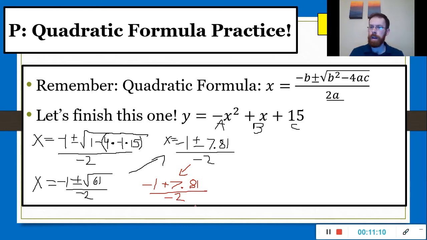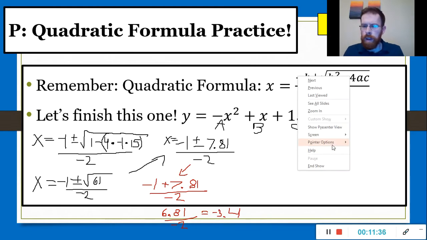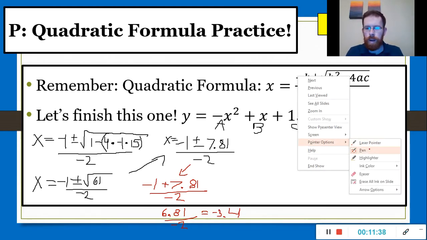Well, that's 7.81 minus 1, which is 6.81. 6.81 divided by a -2 gives you a -3.4, essentially. -3.4. That's a very ugly 4. So that was where we had -1 plus 7.81.